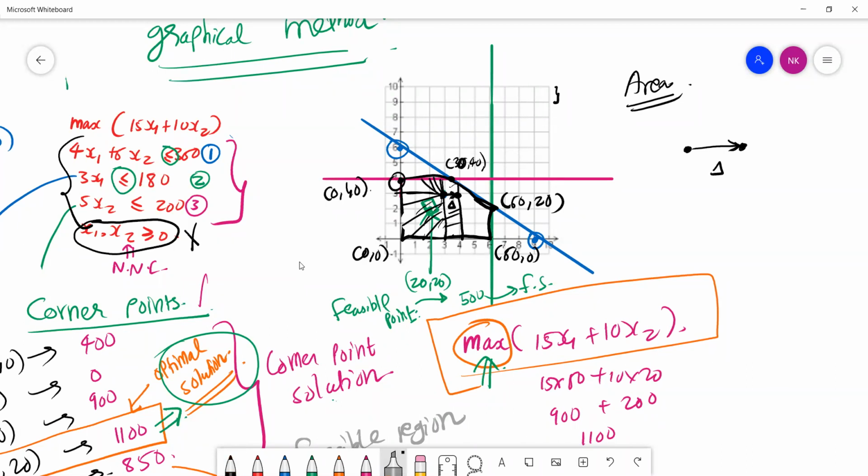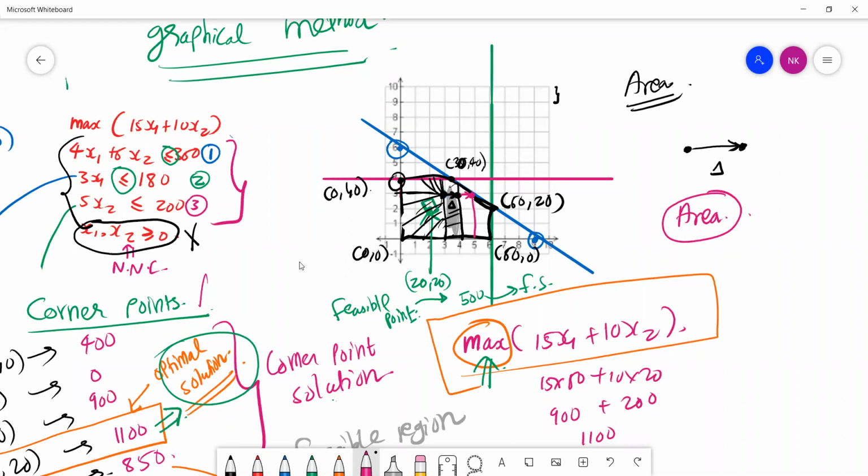On further moving to the right side, the area bounded by that point will also keep increasing. So I will be selecting the region which has the highest area coverage, and the higher the area covering, the better and more optimal my answer will be.